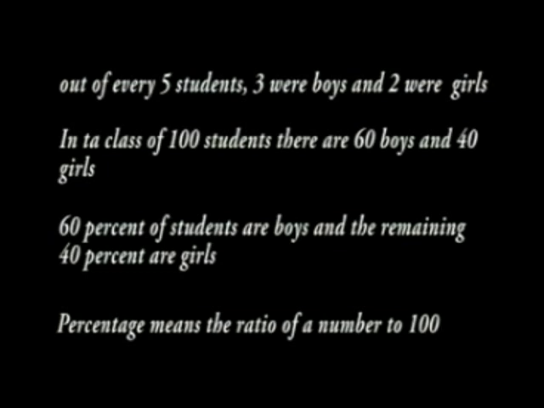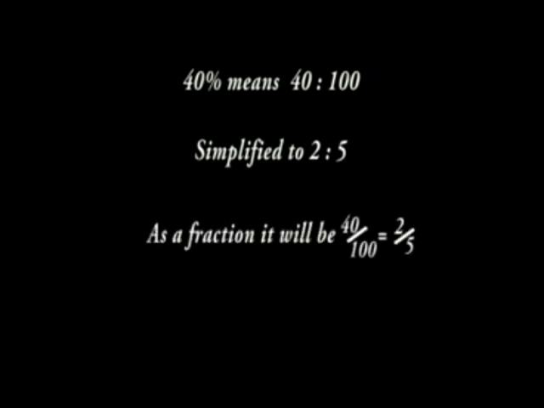For example, 40% means 40 to 100. Simplified, the ratio is 2 to 5. As a fraction, it will be 40 over 100, which is equal to 2 over 5. As a decimal, it is 0.4.